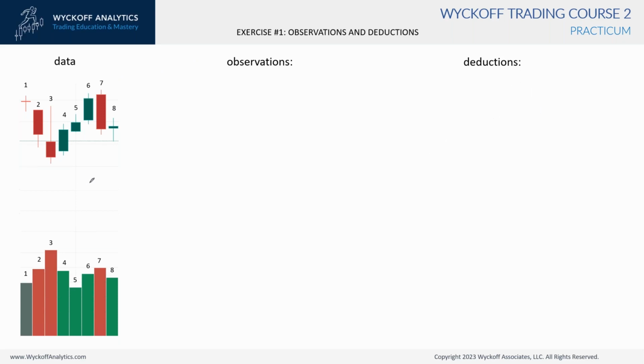So let's start with bar number 2. We're not going to start with bar number 1 because we don't have anything there, although we could make some observations. For instance, I was talking about the distance between the high and the close, the low and the close, and we're seeing that the demand tail is a little bit better than the supply tail.